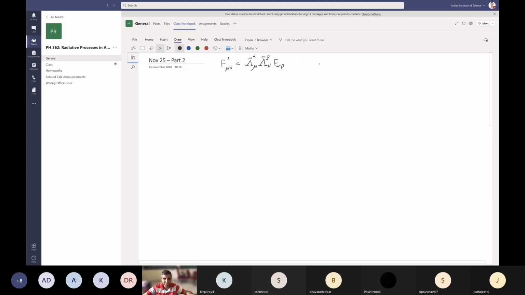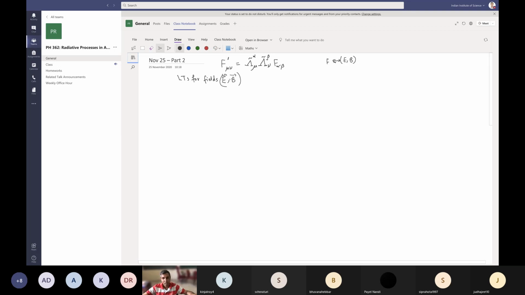And if we plug in the form of F in terms of E and B, we can get Lorentz transformations for the fields E and B.